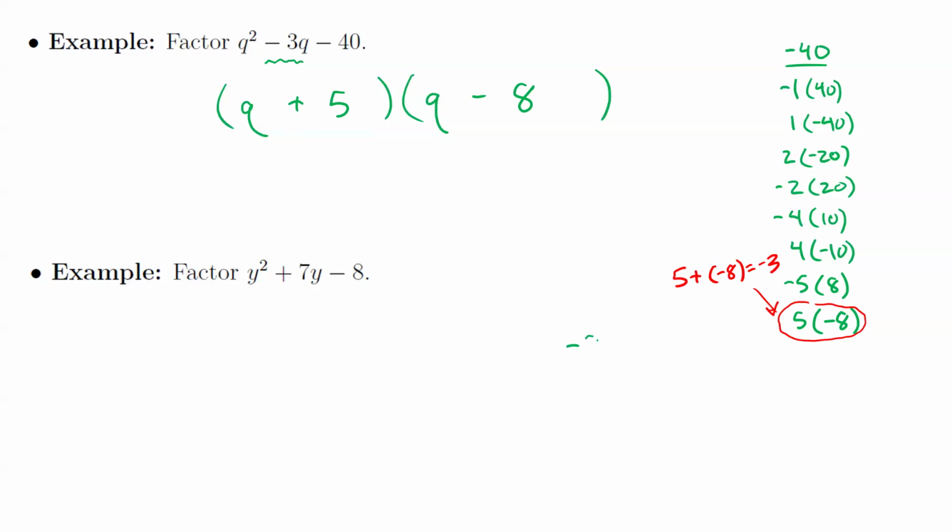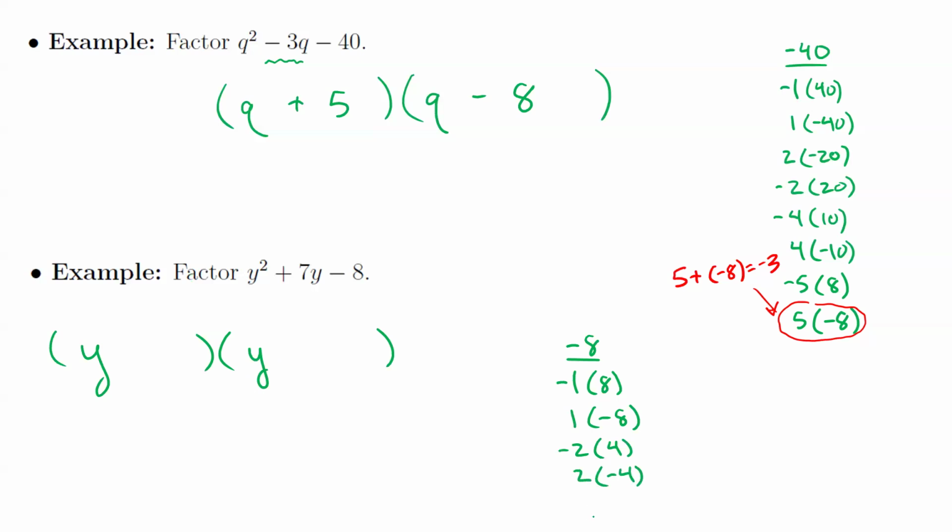Here's one, -8. You've got y squared plus 7y minus 8. So it would have to look like this if it factors. And by the way, I keep saying if it factors. So the idea here is if you check all the possible ways that -8 can break down, and none of them will allow the outside and inside to add together to make the middle term, then that just means you can't factor it.